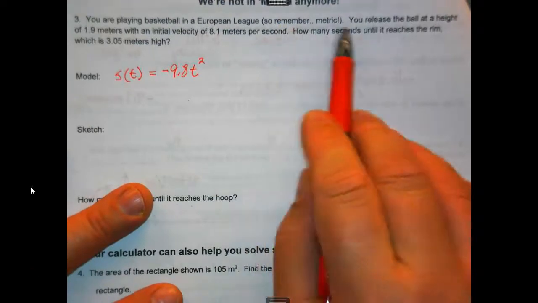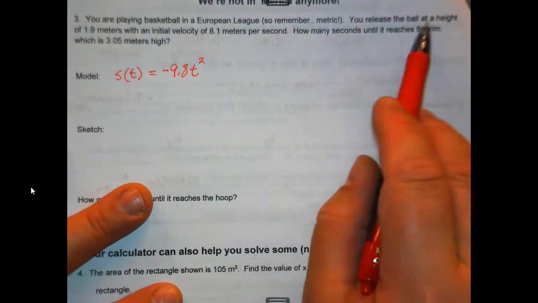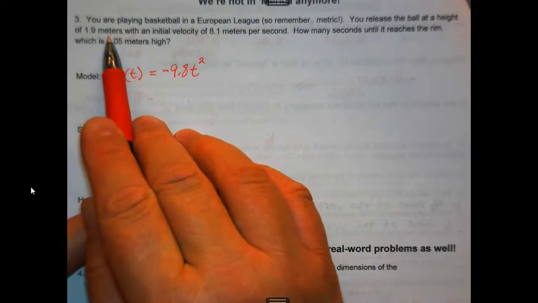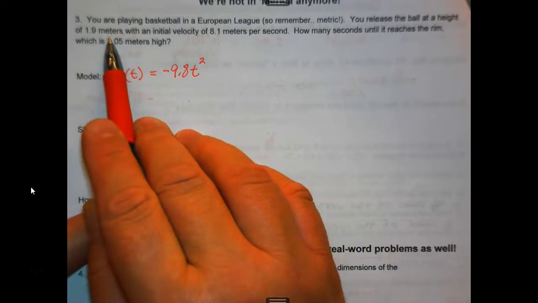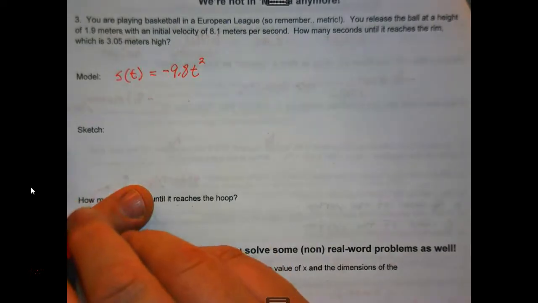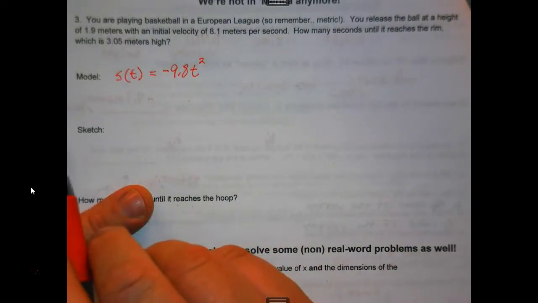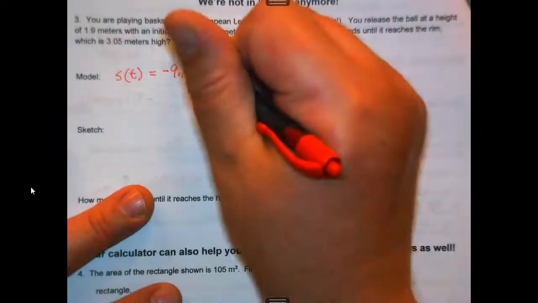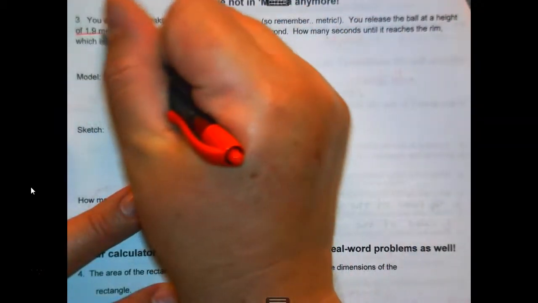Let's see. You release the ball at a height of 1.9 meters. Which one of our variables is that? That is the initial height. That's our h of 0.